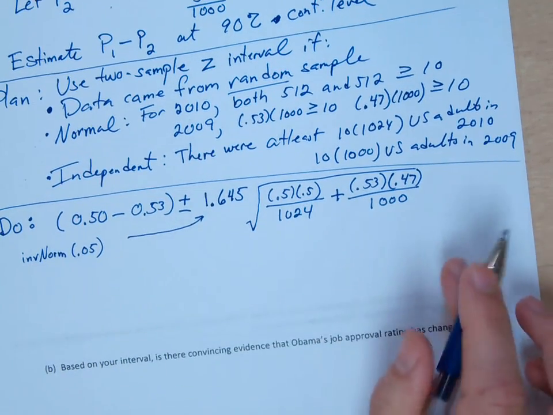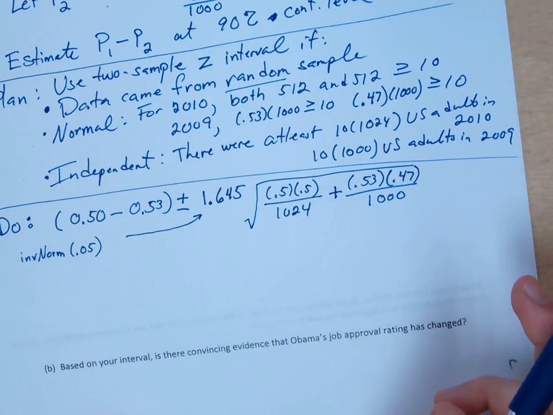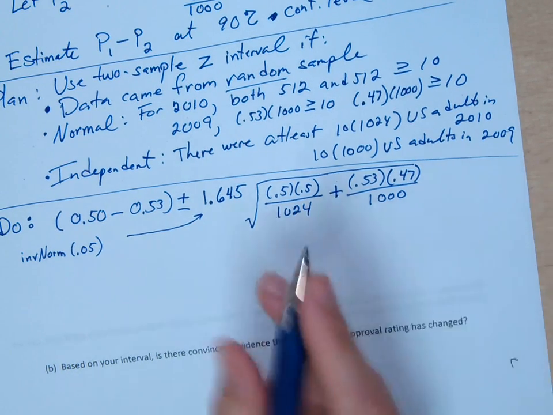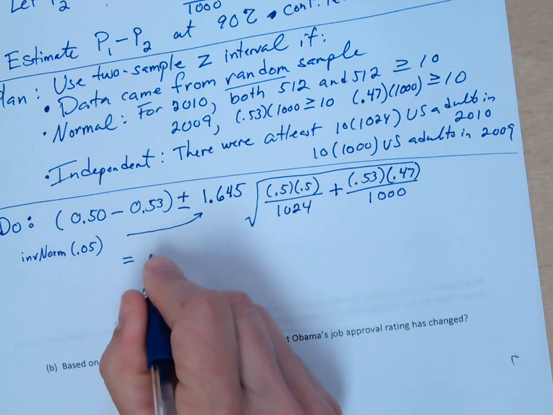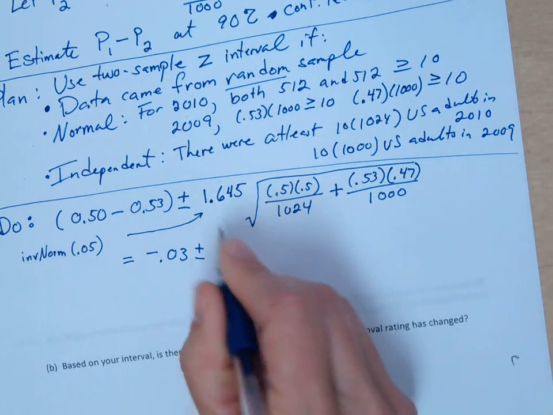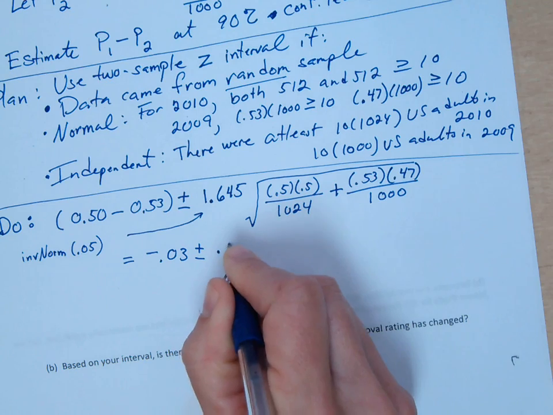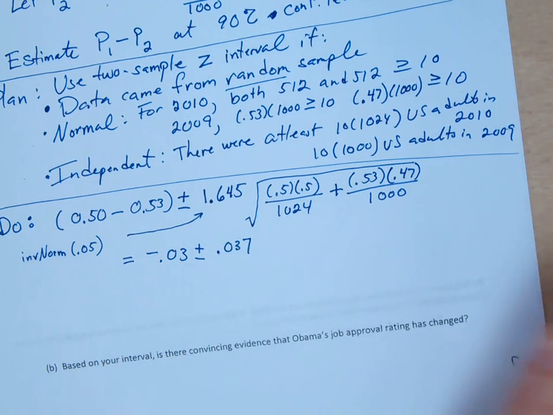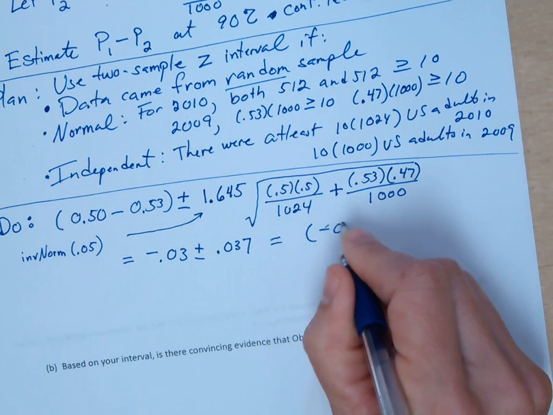So if you type that in carefully on your calculator, so be sure to try that, you should get negative 3% plus or minus 3.7%, or 0.037.